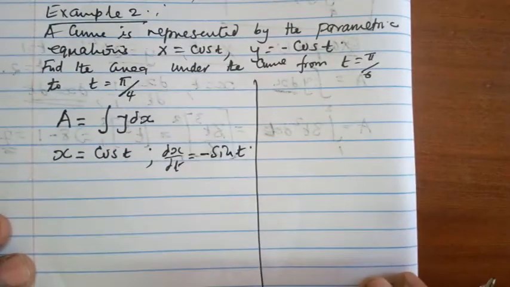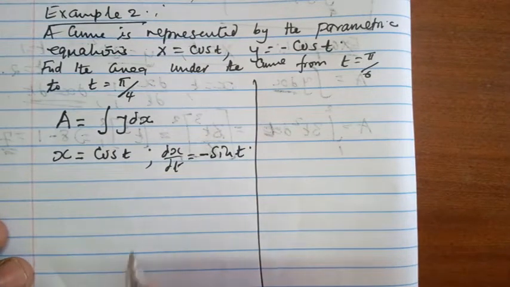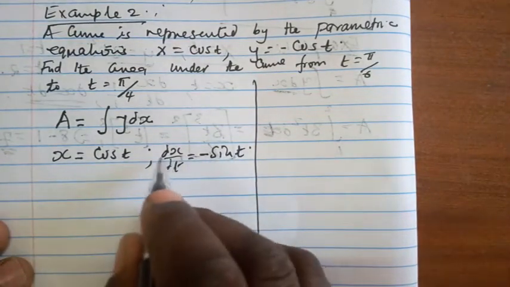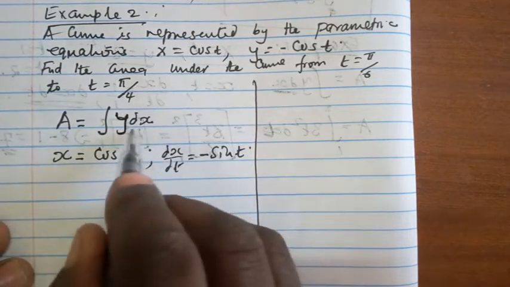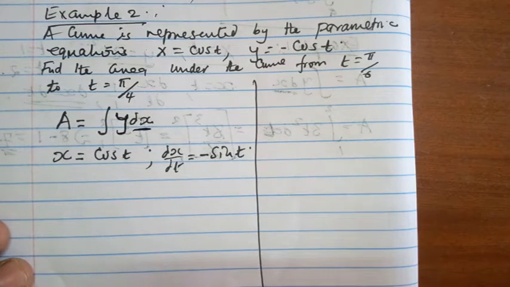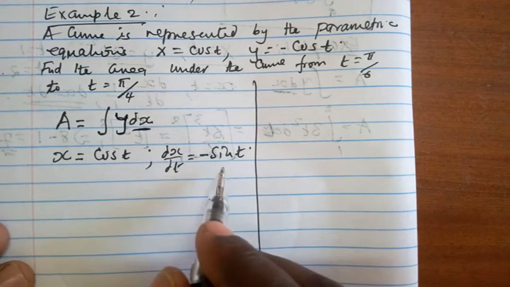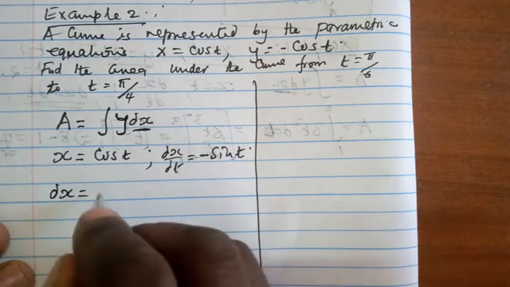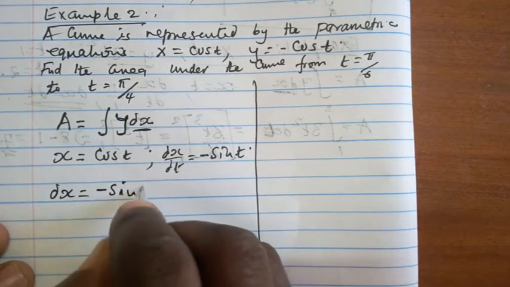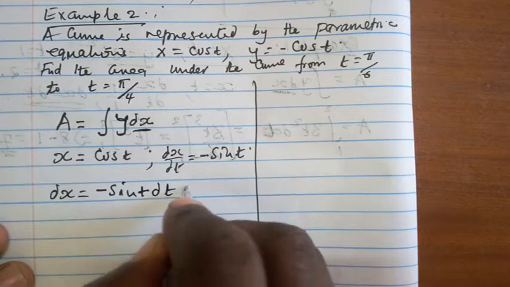Because our biggest desire is to replace dx with something that talks about t, from here, dx is minus sine t dt.